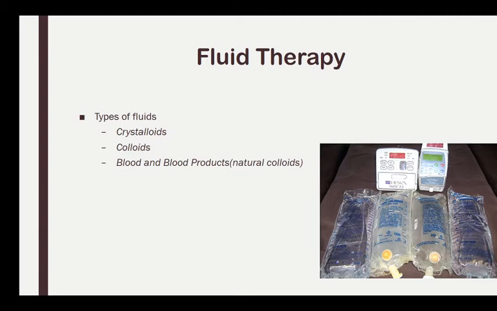Crystalloids contain crystals, but they're typically electrolyte type crystals. They're replacement fluids. So if we're losing fluids, we're becoming dehydrated, these are fluids that will help to replace the normal fluids within our intravascular system. Crystalloids will come from our vessels and be passed along through our tissues pretty easily.